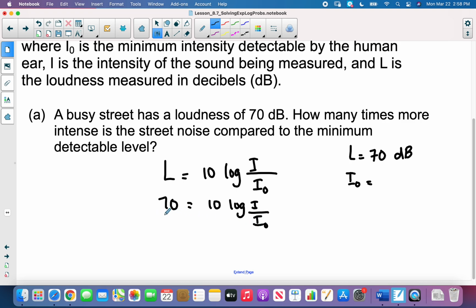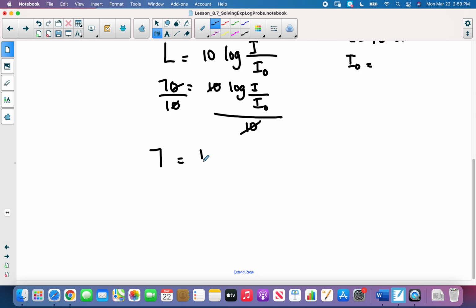We can divide both sides by 10. We get 7 equals log of I divided by I0.